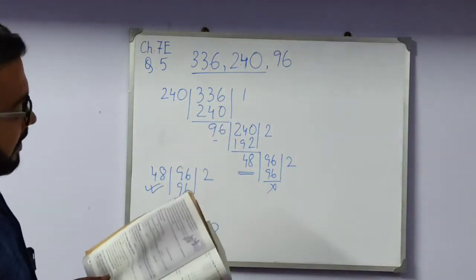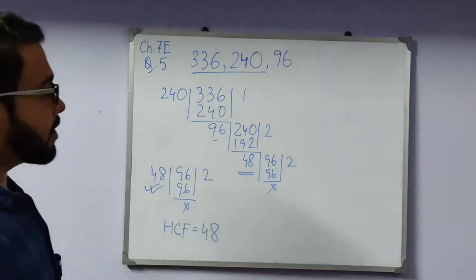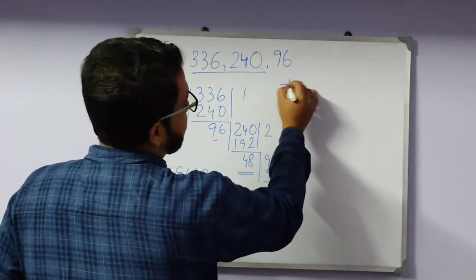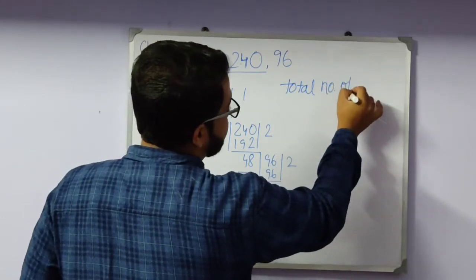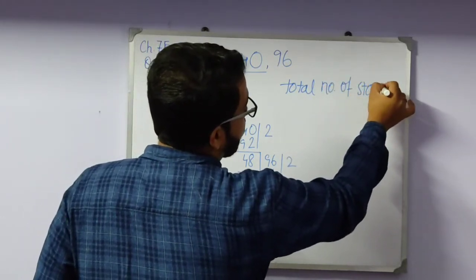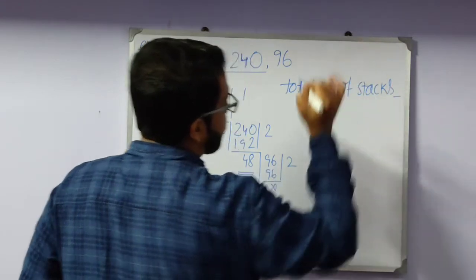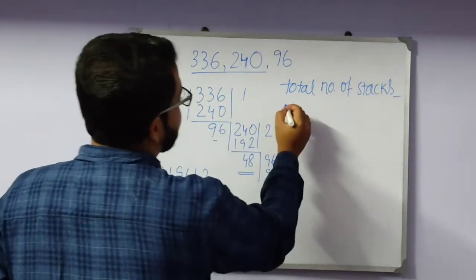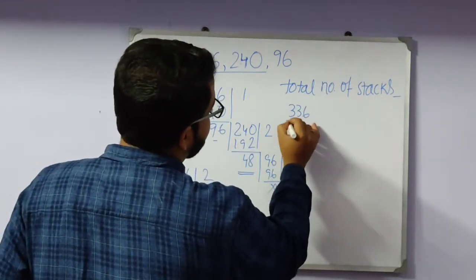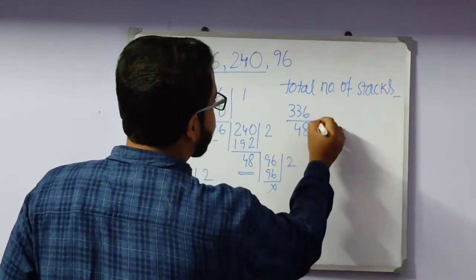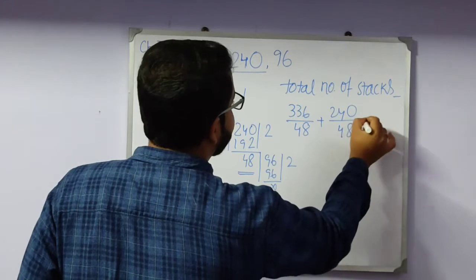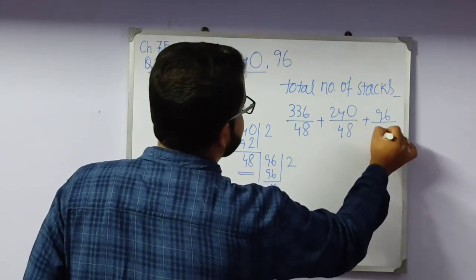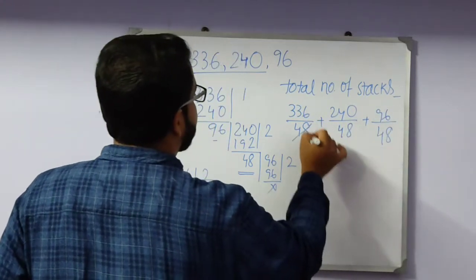Now they asked what is the total number of stacks. See it very carefully. Total number of stacks or rows which they want: 336 upon HCF, 240 upon HCF, 96 upon HCF.